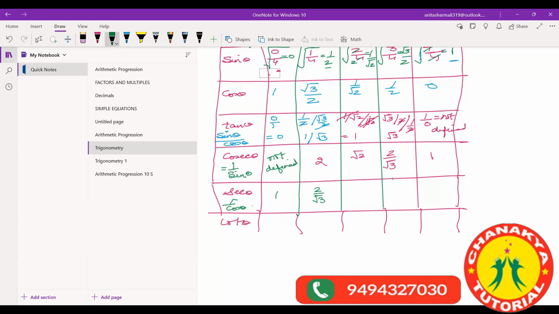Root 2. Yes, 1 upon root 2 reciprocal is root 2. Good, beta. Now, Thriti, am I audible? Yes, ma'am. Sumuk, reciprocal of 0 is? Thriti, I was asking reciprocal of 1 upon 2, beta. 2, ma'am.